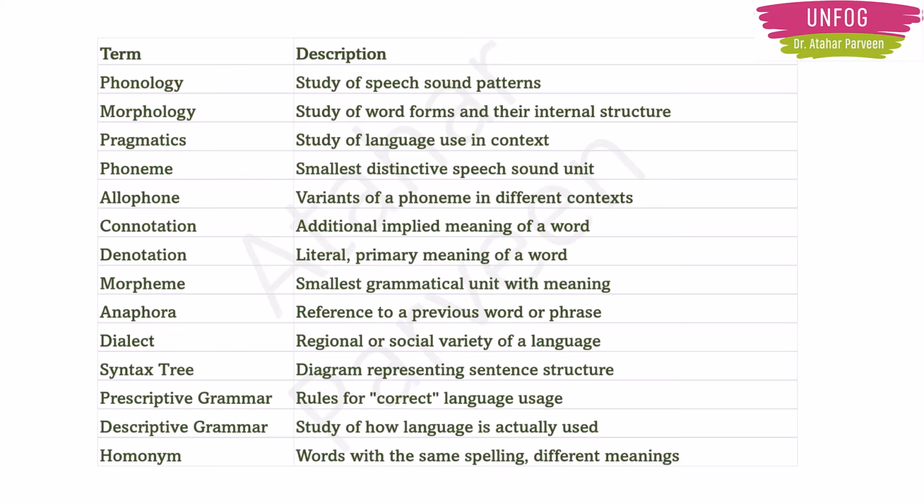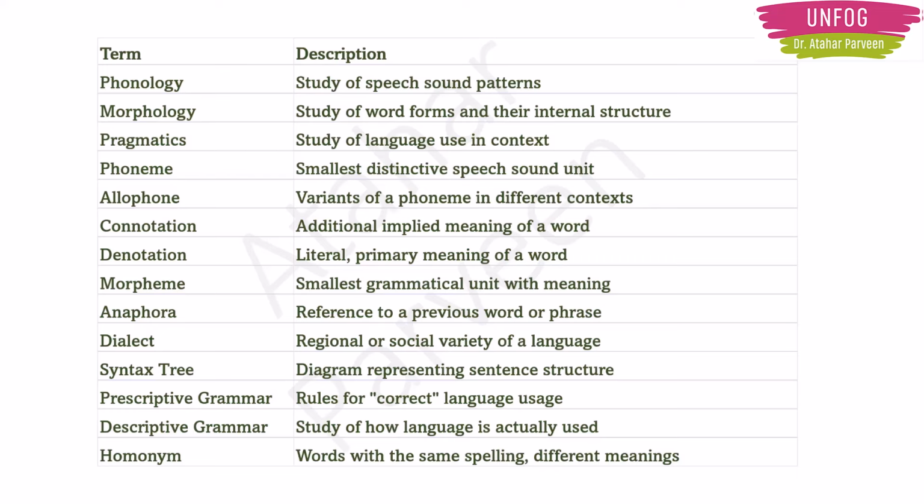Pragmatics is the study of language used in a particular context. Phoneme is the smallest distinctive speech sound unit. Allophone is a variant of a phoneme in different contexts. Connotation is the additional implied meaning of a word. If you are giving an additional meaning, then it is a connotation.